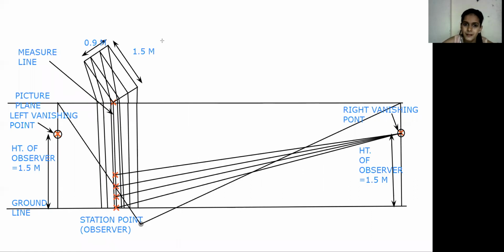Okay. And also I am going to erase the cross marks.